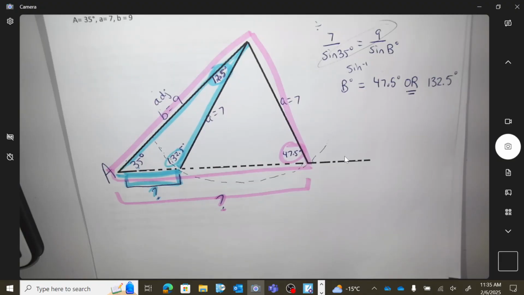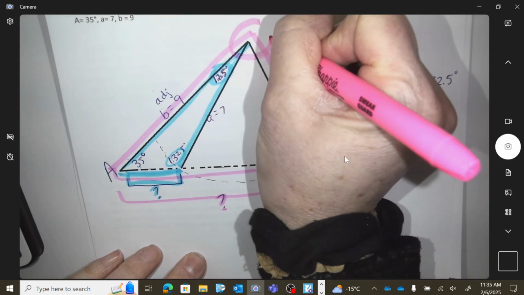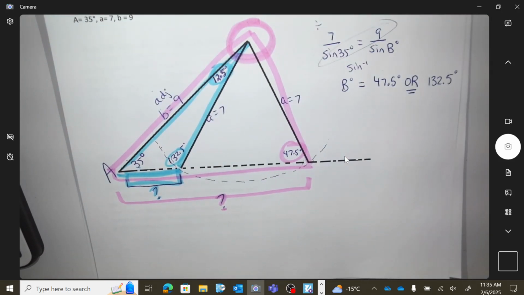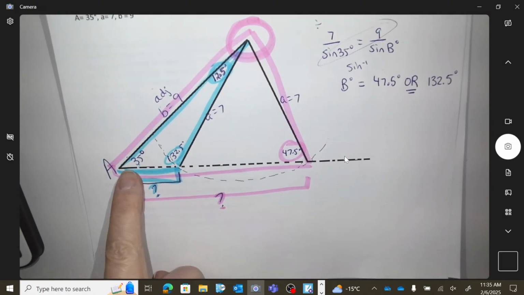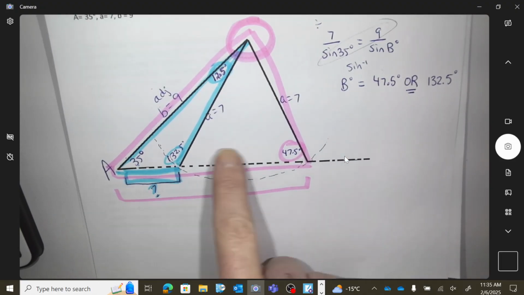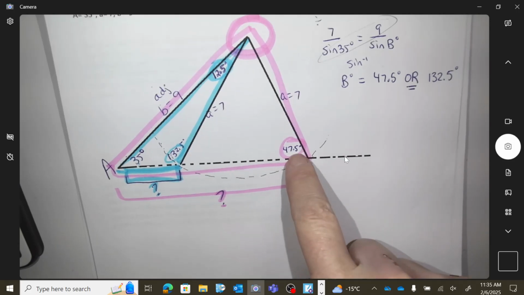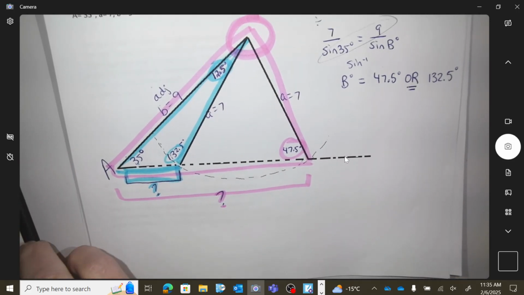So 12.5 degrees is my last blue angle. Okay, same thing. Can you get me my last pink angle, this whole pink angle at the top? So what are the other pink corners? 35 in that corner, 45 or 47 and a half in that corner.